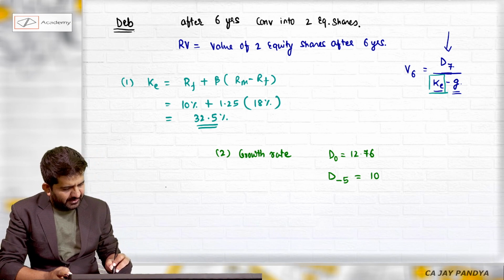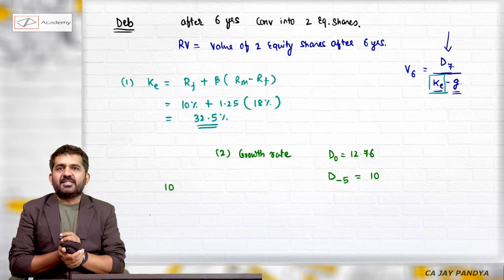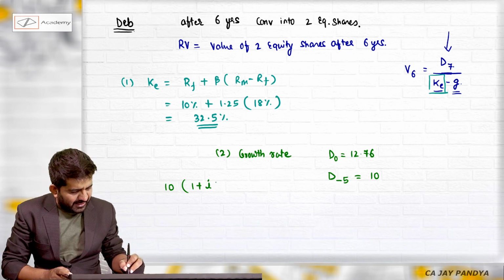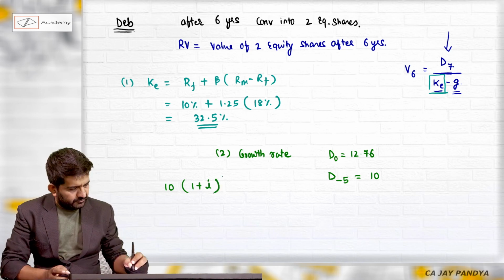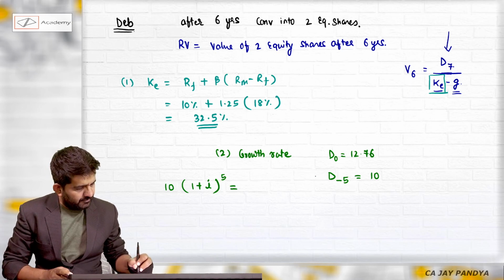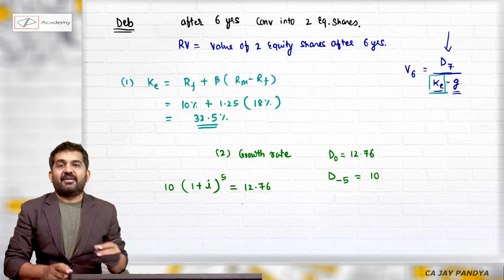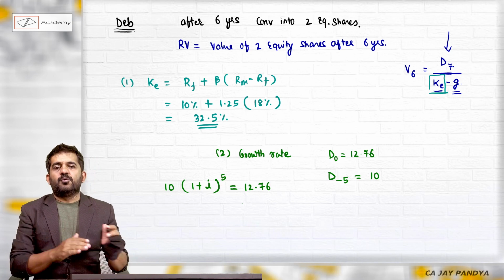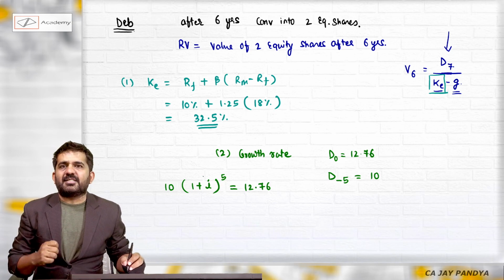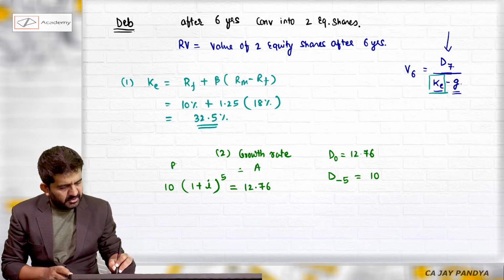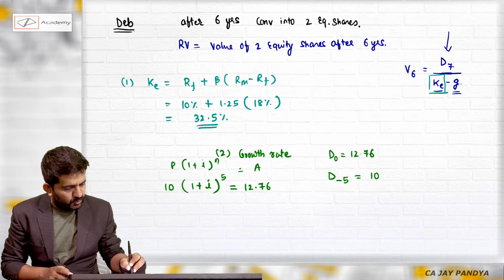The dividend of rupees 10 has increased by I rate of return for the period of 5 years, and I have got dividend of 12.76 after 5 years. It is a simple formula for future value. P into 1 plus I raised to n is equal to amount.